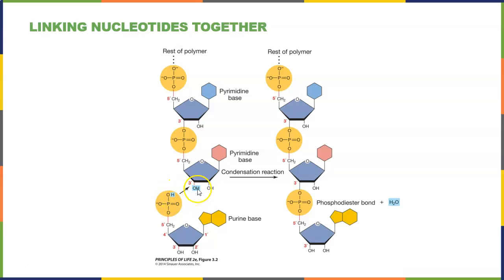There's our water. That's what's going to be removed by dehydration synthesis, and that's where that bond is going to form. If you follow it from the left to the right, what you see is this new nucleotide has now joined right here from the 5' end of the new unit right here, and it's going to connect onto the 3' of the one above it.